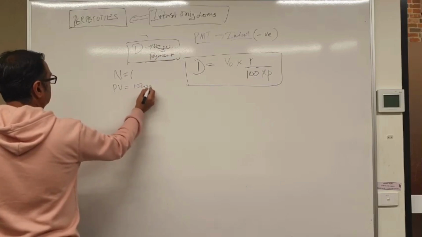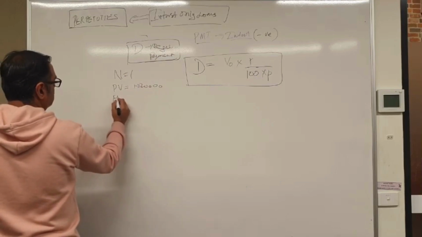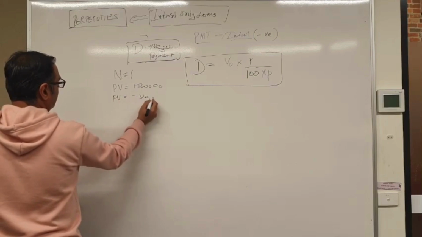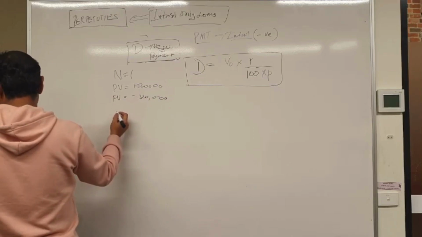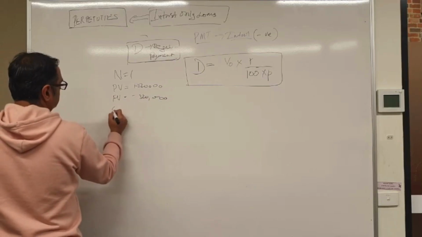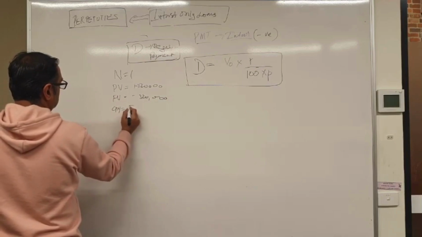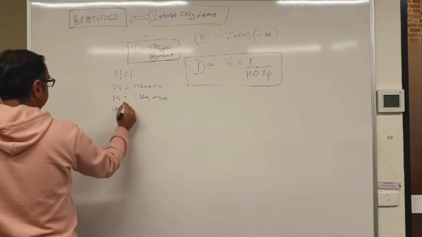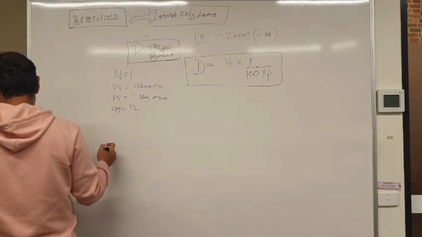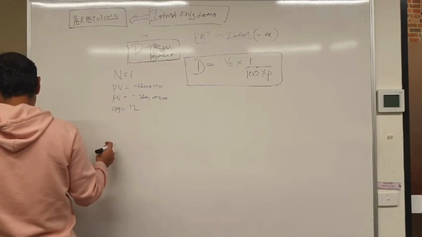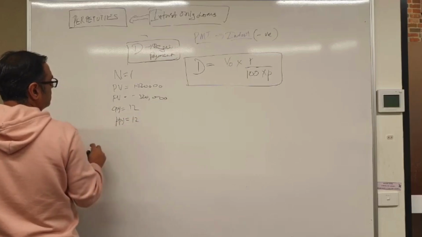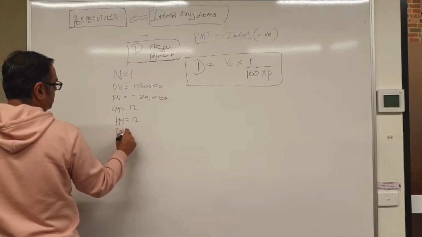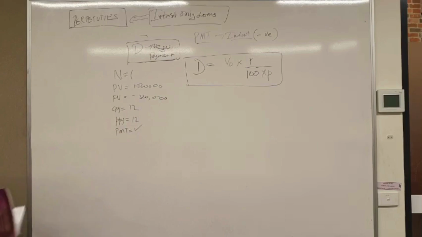Positive 320,000. Obviously our FV will be exactly the same value. And then compounded monthly, CPY is 12 for first 5 years. Calculate the monthly payments. PPY is 12. I need just a PMT. You plug that into your calculator, you get 1312.